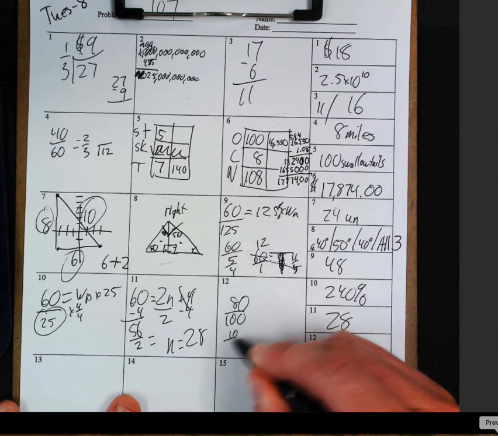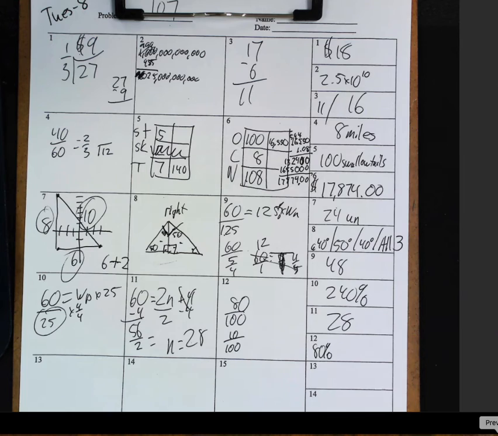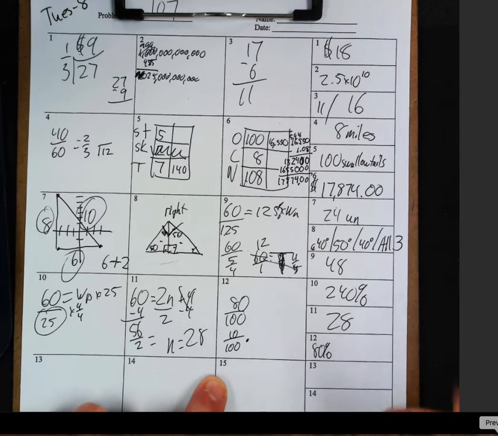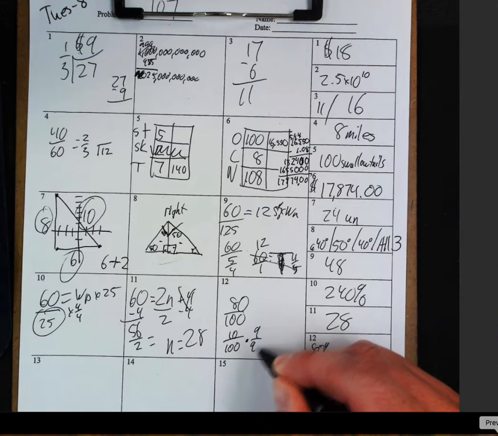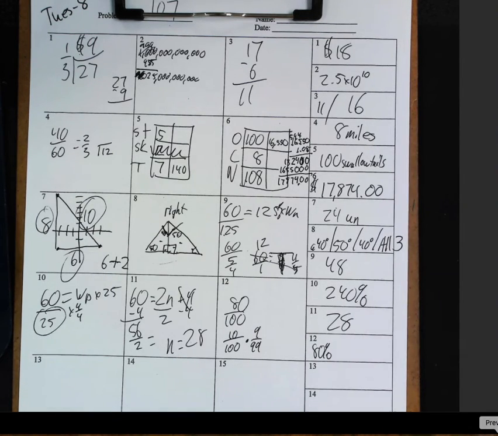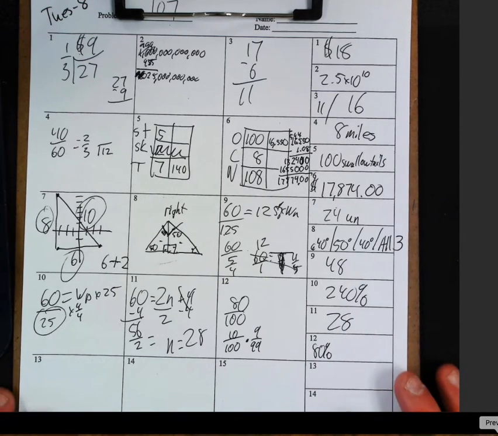How many total? 100. I just put it in my pocket. Second fraction. Cam. 9 yellows, 99 marbles. I'll take a person to reduce the first one. Nyla. I'll take a person to reduce the second one.